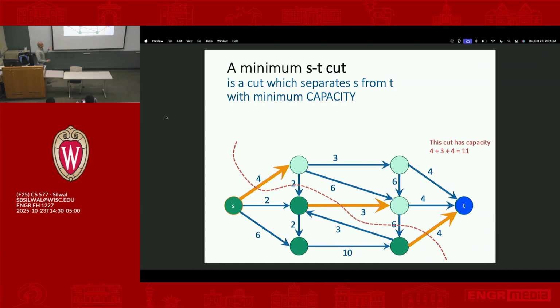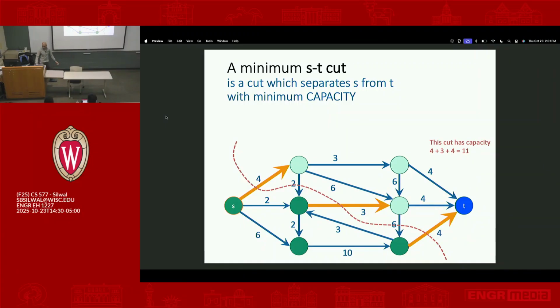And we introduced this thing called the min s-t cut, which is a way to separate S and T, and we measure the value of this cut by how many edges go from one side to the other, the sum of these capacities. A min s-t cut is the best way to separate S and T. It's the cut with the smallest amount of stuff that you can send through.